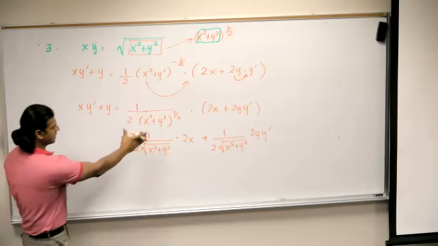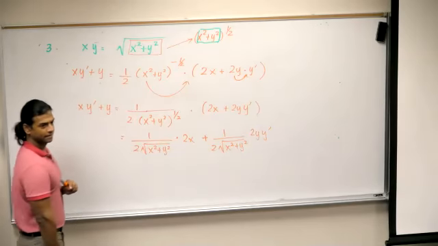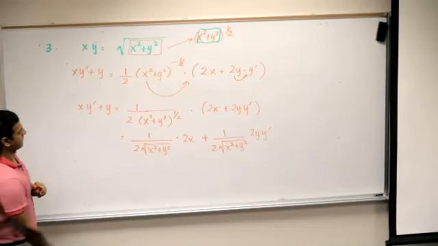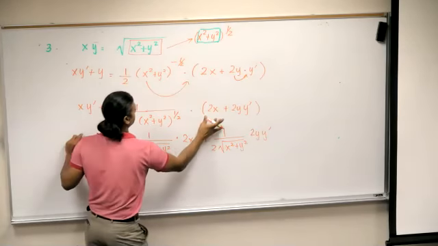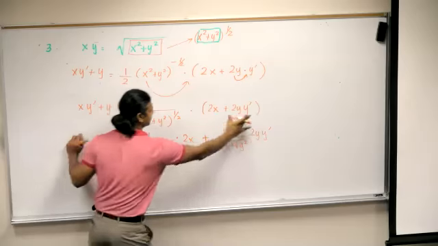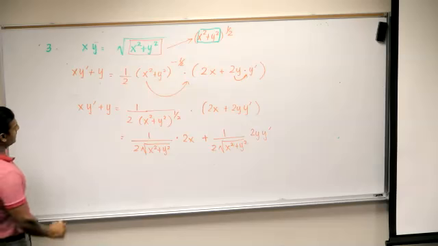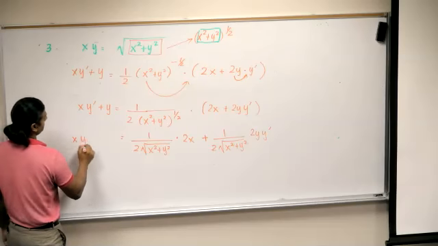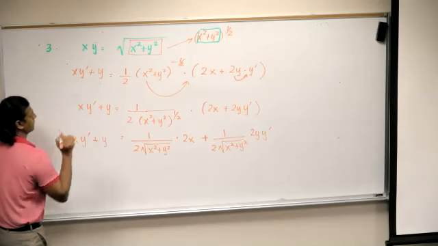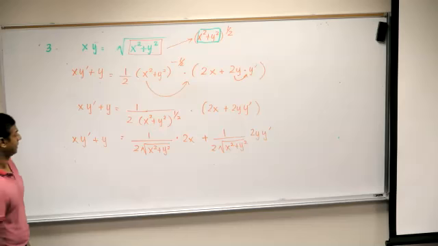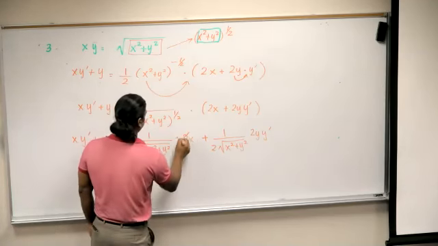Distributing that inside, this term multiplied by 2x, this term multiplied by 2y. On the left hand side, I have x y prime plus y. The 2's will go away.